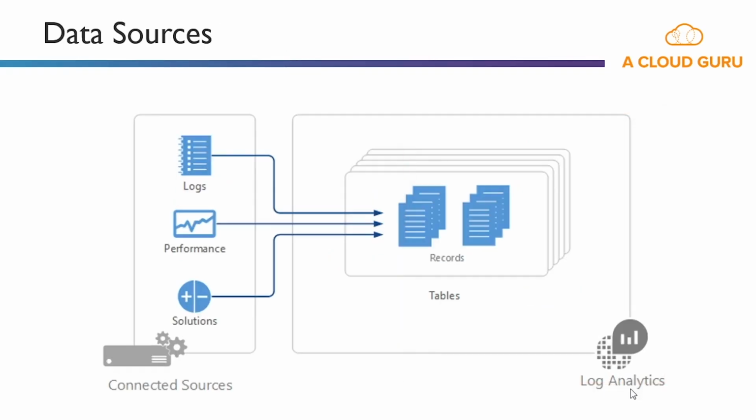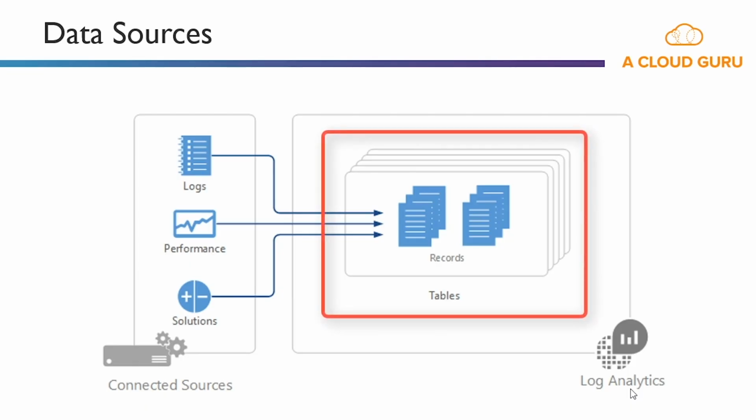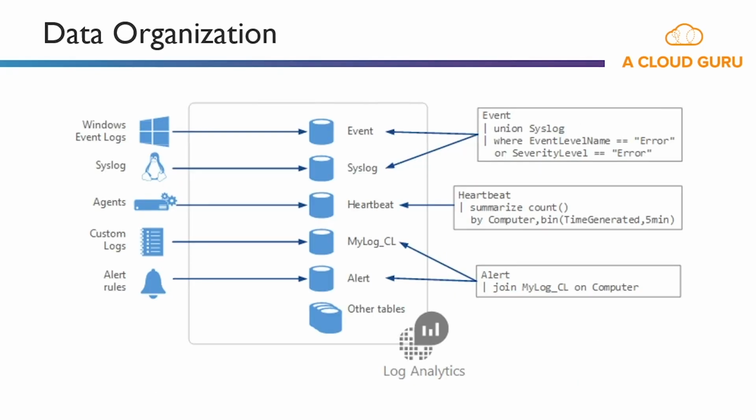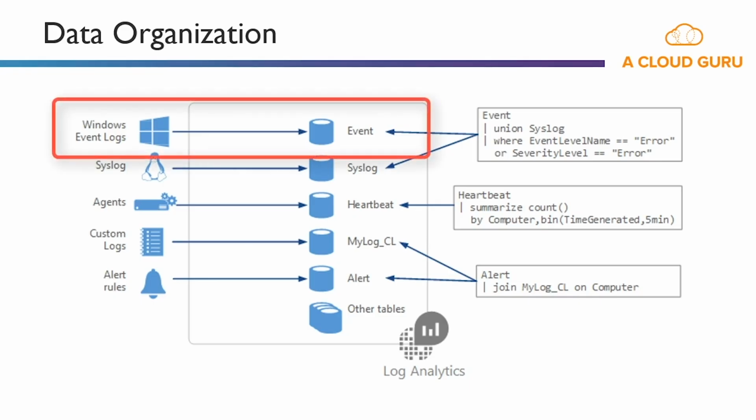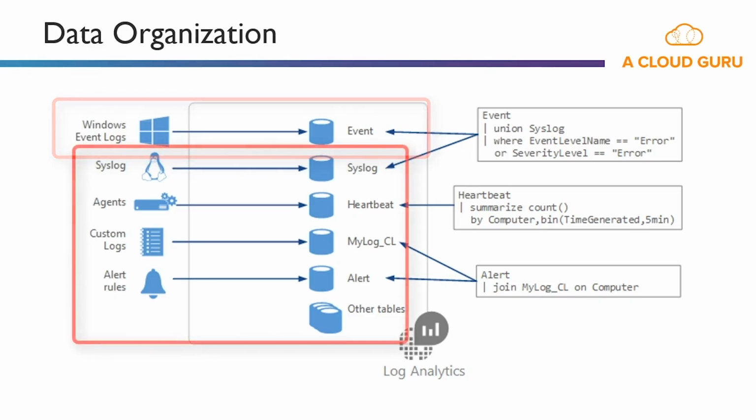In fact, if we go a little bit further and we look at things like the data sources and break them out, you've got logs and performance there, plus those third-party solutions, and you can see that data comes in and creates those records, but they're in a series of tables. If you look at it again another layer deeper, Windows event log comes in, it goes into the event log table. Syslog goes into syslog.